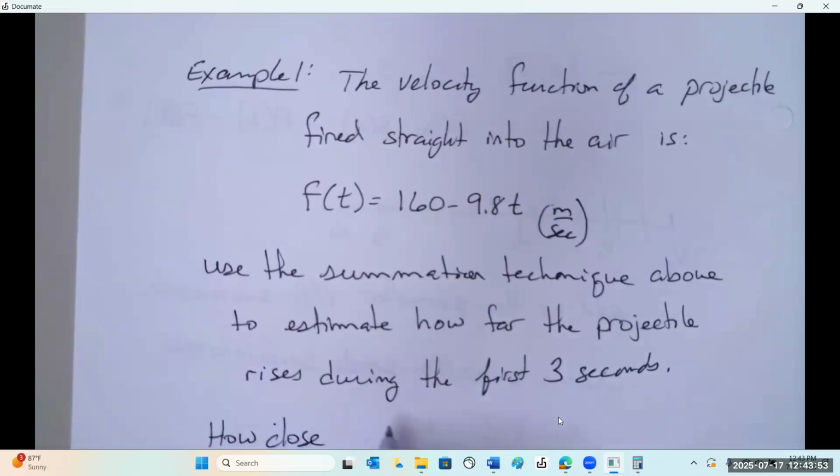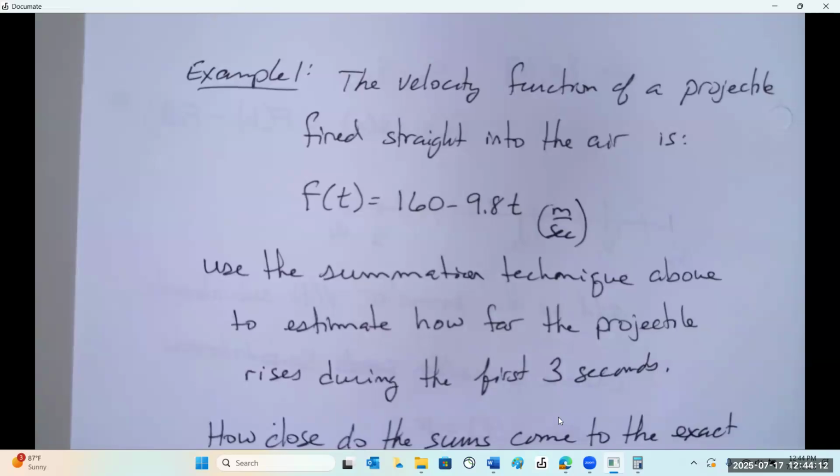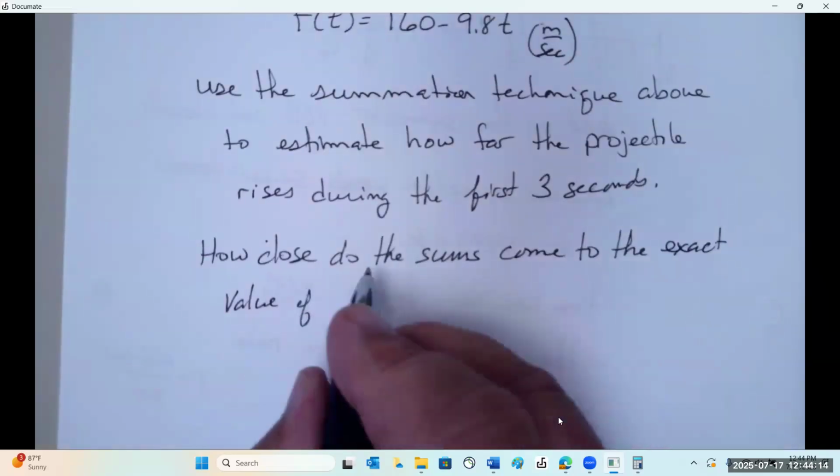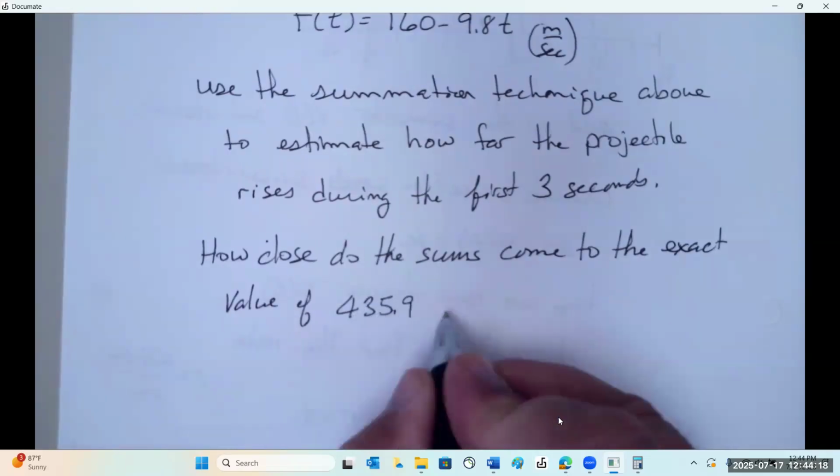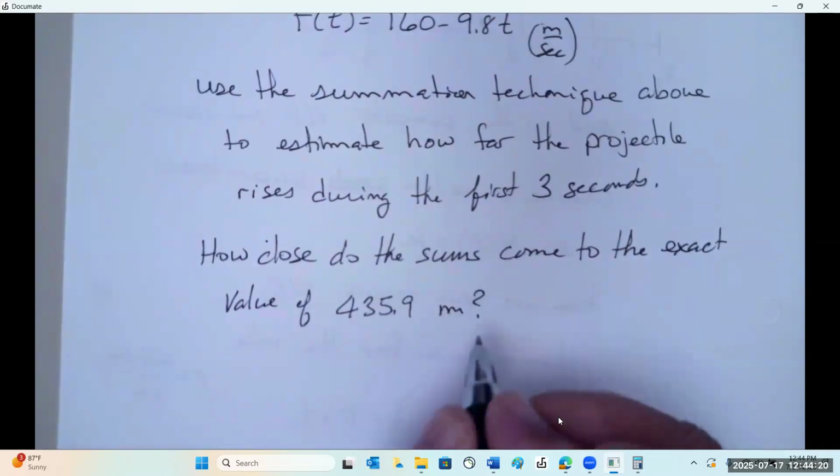How close do the sums come to the exact value of 435.9 meters?